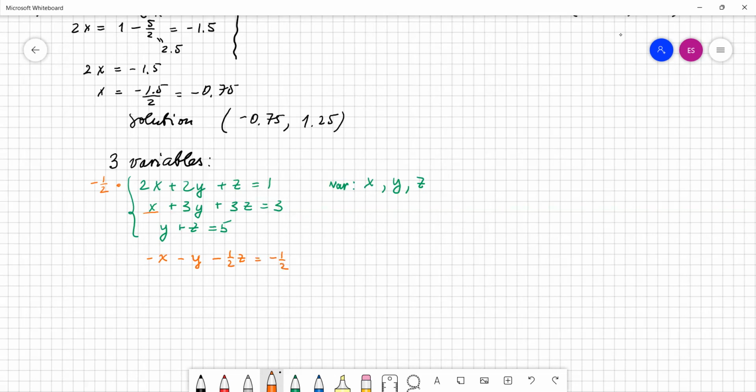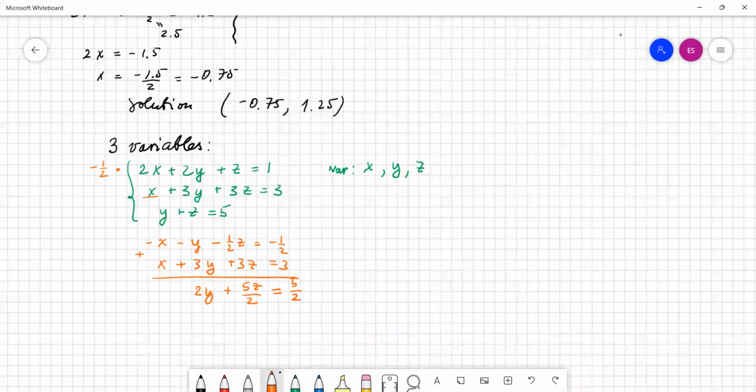And I'm going to add it to the second equation, which is x plus 3y plus 3z equals 3. So when I add them together, I'm going to get 0 here, 2y, right? 3y minus y, and 3z plus minus 1/2 z is going to give me, well, 3 is 6 over 2, right? So it's 5z over 2. And this one is, again, 5 over 2.